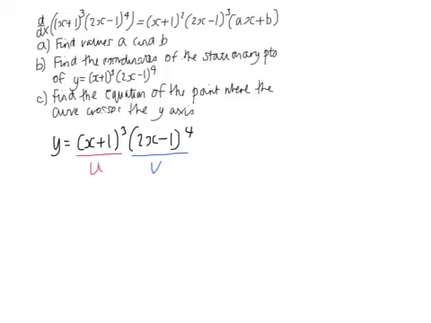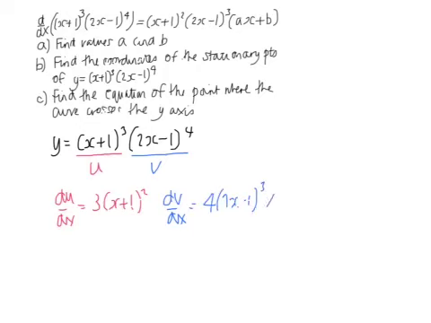So du by dx is going to be 3 lots of (x plus 1) squared, multiplied by the differential of x plus 1, which is just 1. dv by dx is going to be 4 lots of (2x minus 1) cubed, multiplied by the differential of the bit inside the brackets, which is 2. So we've got there 8 lots of (2x minus 1) cubed.